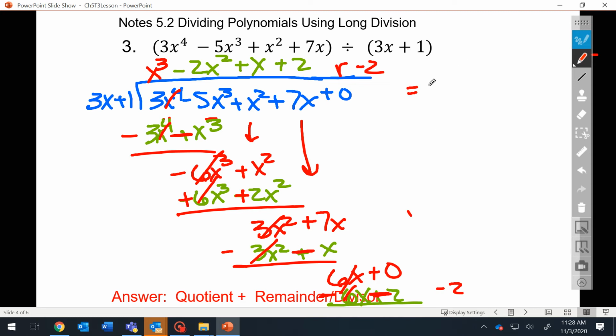So what I get is this divided by this is x cubed minus 2x squared plus x plus 2 minus 2 over, I ran out of room. Let me try this again.